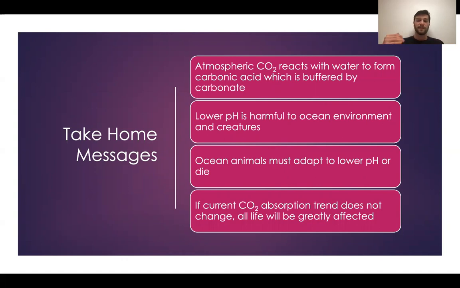Then we see that high CO2 levels lower the pH of the water, making it more acidic and harmful to ocean environment and creatures. Ocean animals must adapt to a lower pH, as we saw in the study with the lobsters, or they could die.